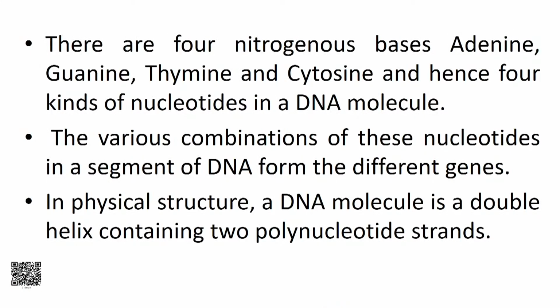There are 4 nitrogen bases: adenine, guanine, thymine and cytosine, and hence 4 kinds of nucleotides in a DNA molecule. Various combinations of these nucleotides in a segment of DNA form the different genes, and in physical structure a DNA molecule is a double helix containing 2 polynucleotide strands.